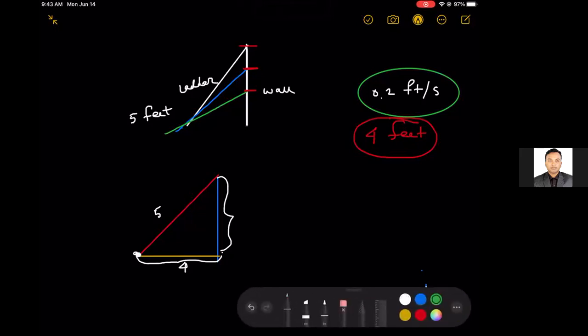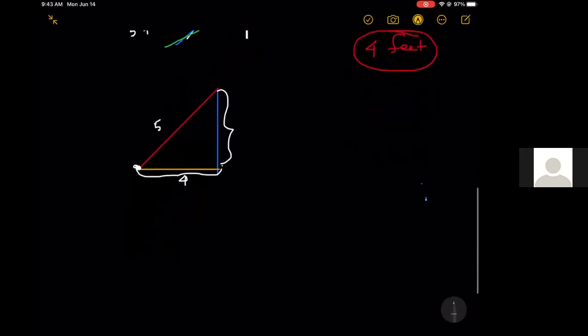Sorry, what if the triangle turns upside down? What I'm saying is, what if the ladder turns upside down?